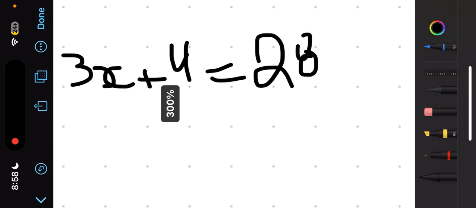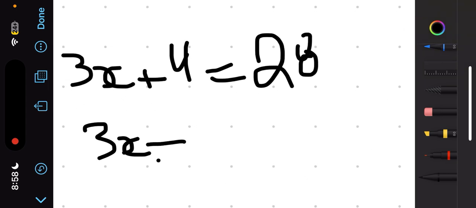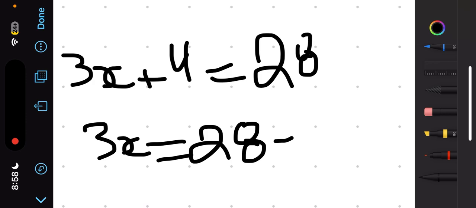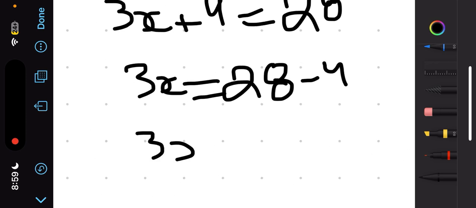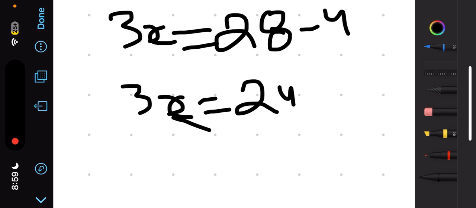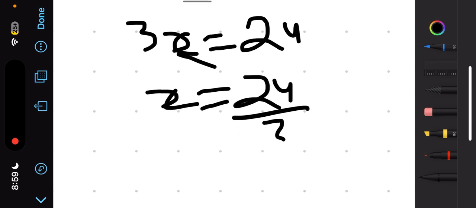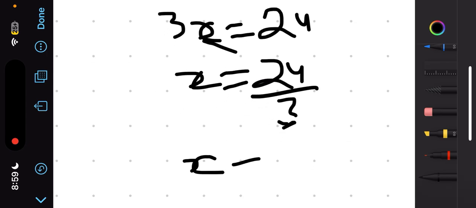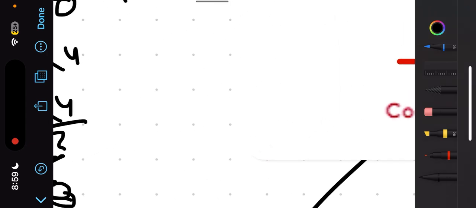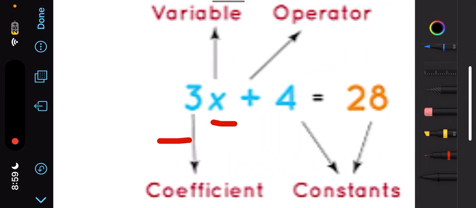So 4 will go there: 3x is equal to 28 minus 4, which is 24. Now 3 will go there: x is equal to 24 upon 3. If we divide it, the answer is x equals 8. So here x was hiding a value of 8.